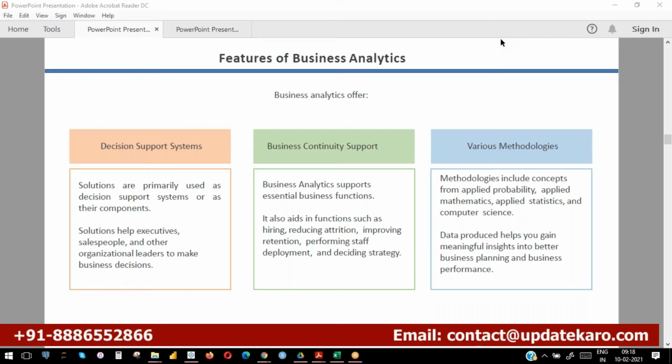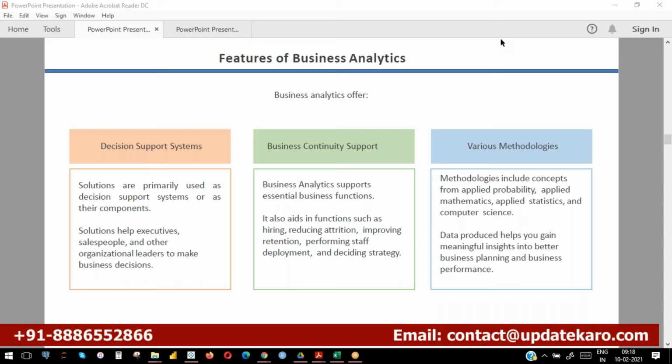When the workload is increasing, when the sales is increasing, we need many people, we need to hire people, and we need to stop talents moving out of the company. We have to improve our retention, perform more and more staff deployment, and decide strategies. So what is this? This is business continuity support.